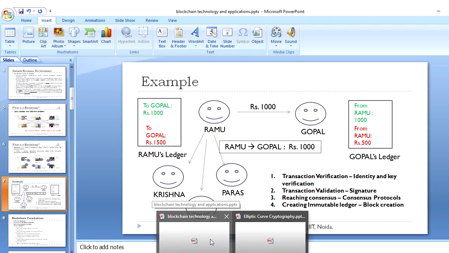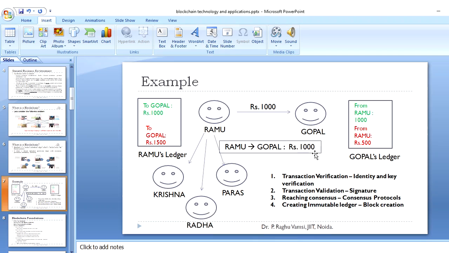For public key encryption and decryption, elliptic curve cryptography is used in Bitcoin and Ethereum, for both signature creation and verification. Signature creation is the procedure I just told: the transaction is sent to the hash function, a message digest comes out, and that message digest is encrypted.